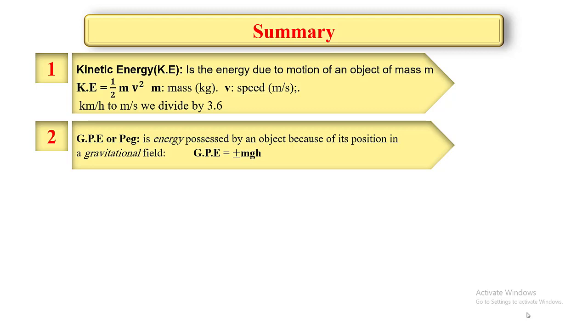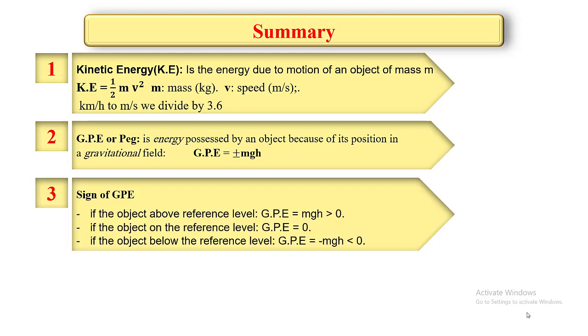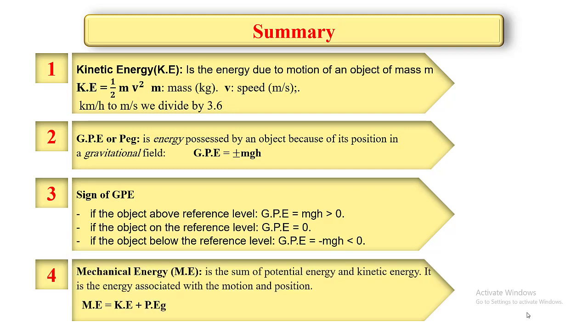The expression of the gravitational potential energy is equal to plus or minus mgh. The sign of the gravitational potential energy depends on the position of the particle with respect to the reference level. And the mechanical energy of a given system is the sum of its kinetic energy and the gravitational potential energy.